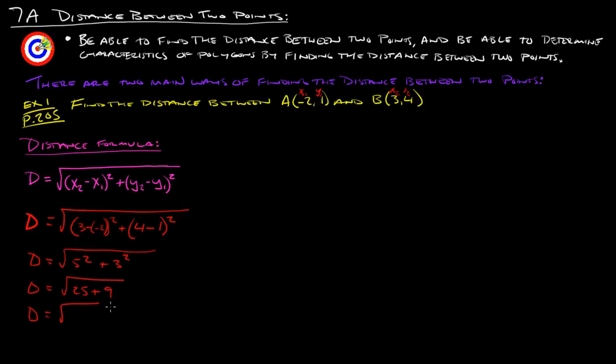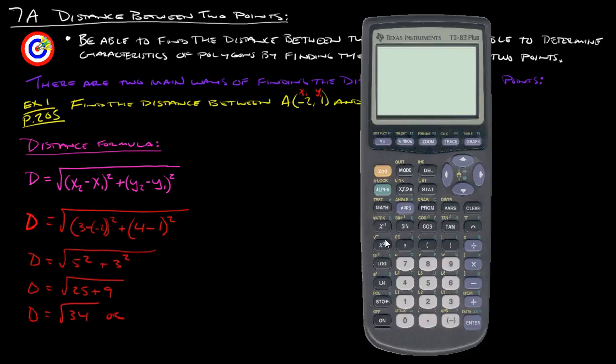So the distance is the square root of 34. If the square root of 34 does not satisfy you and you want the decimal answer, that would be okay too. But officially the square root of 34 is more accurate than the decimal answer, so you can just leave it as the square root of 34.